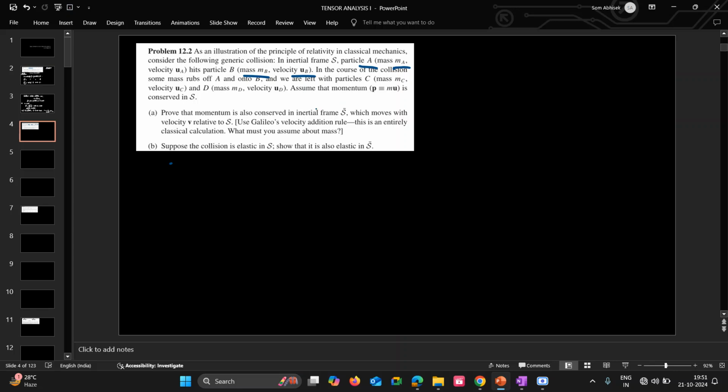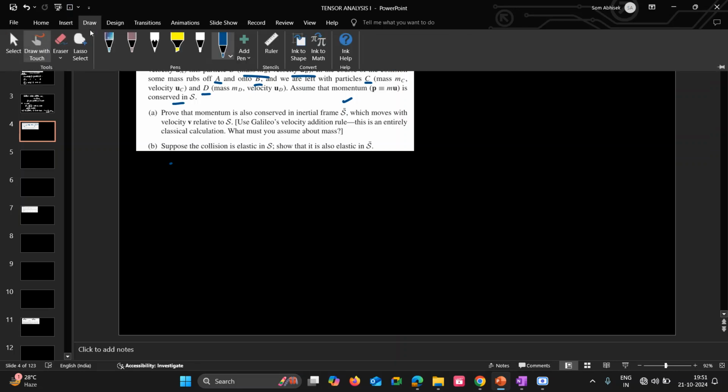In the course of the collision, some mass is lost from A and onto B. We are left with particles C, mass MC, velocity UC, and D. Assume that momentum is conserved in S. Prove that momentum is also conserved in inertial reference frame S bar, which moves with velocity V with respect to S.